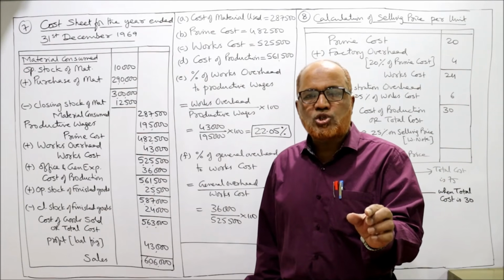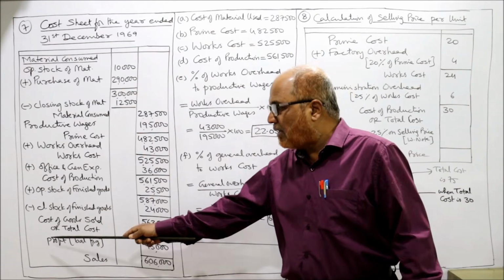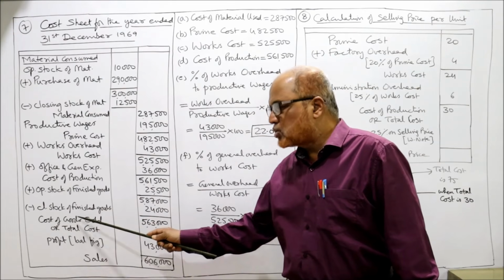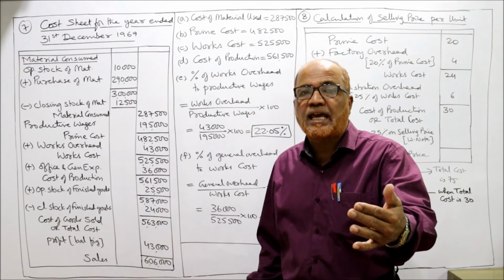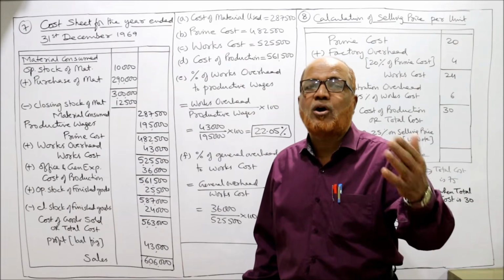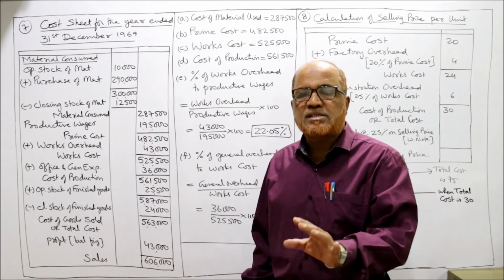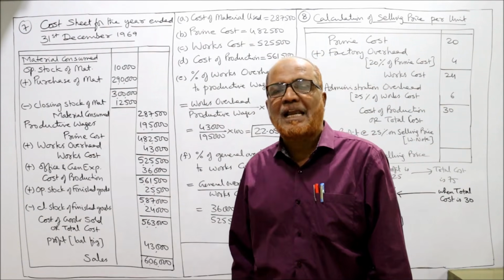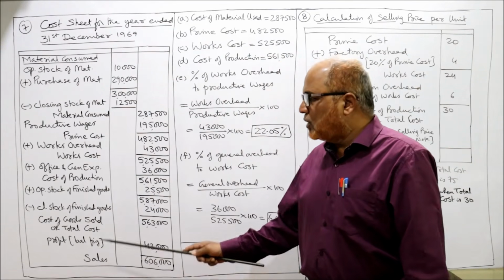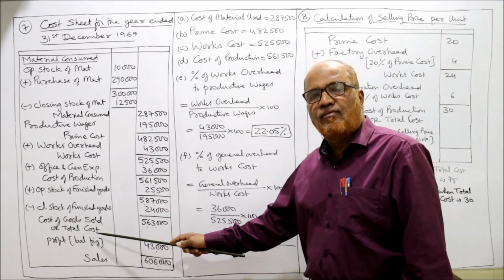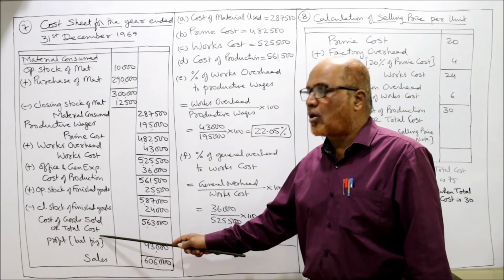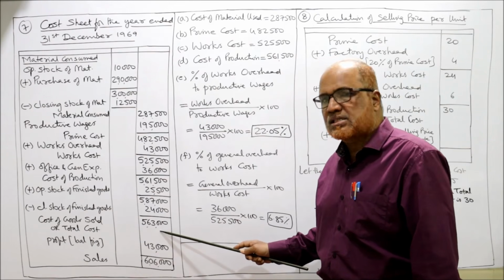If the problem had given selling and distribution overhead, we would have added it to the cost of goods sold to get the total cost. But in our present problem it is not given, so cost of goods sold itself becomes the total cost, 5,63,000.